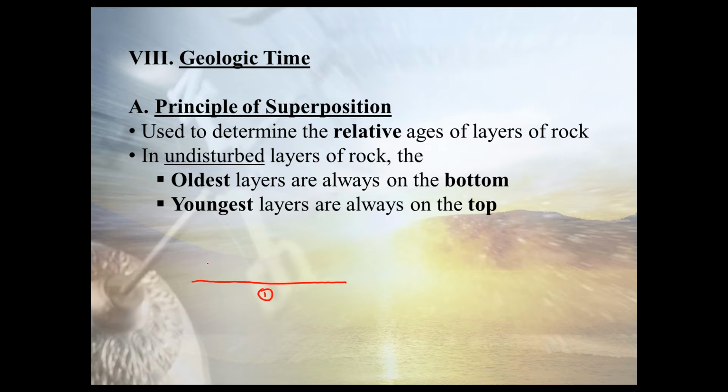This layer forms, and then afterwards, more sediments pile on top of this one. And those sediments eventually get crushed together. Maybe they get cemented together, and you get a second rock layer, number 2. Then later on, more sediments pile up on top of layer 2. They get crushed together, cemented together, and then you get rock layer number 3.